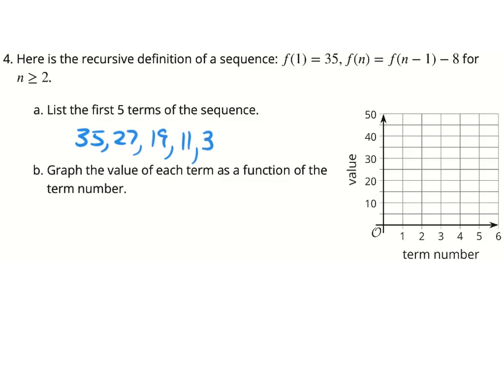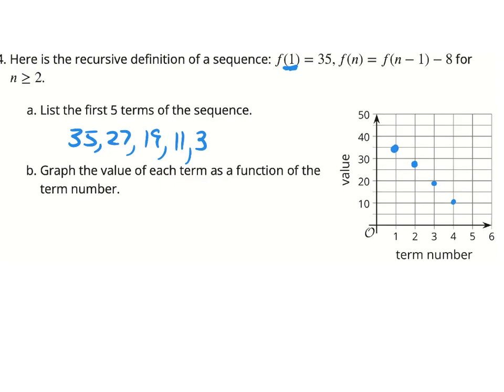And so now let's graph this function. 35, this is term 1, not term 0, so term 1. 35, then 27, then 19, then 11, and then 3. And as we can see, this makes a straight line. So arithmetic sequences are linear. How do I know it's arithmetic? Minus 8 is the change.